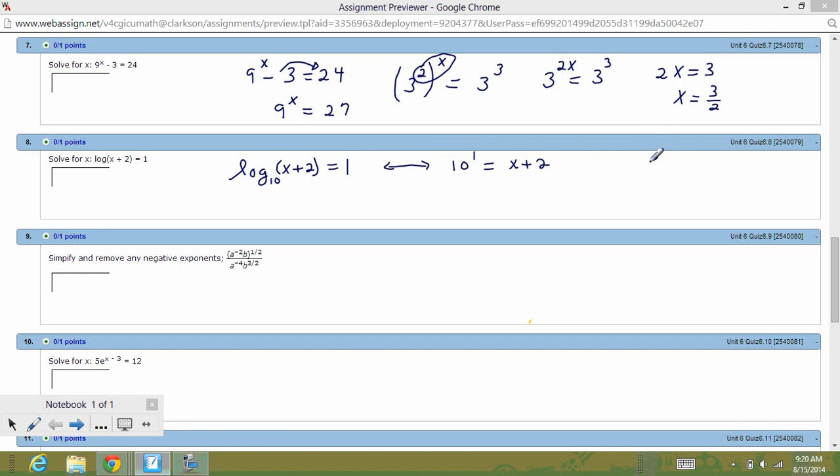If we have c equals a to the b power, then this is an exponential form. Then in log form, what that's referring to is the log base a of c is equal to the exponent b.